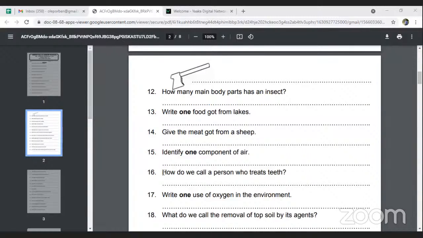Let's have Shadrach read for us the next question. 16. Shadrach? Okay, Asante.